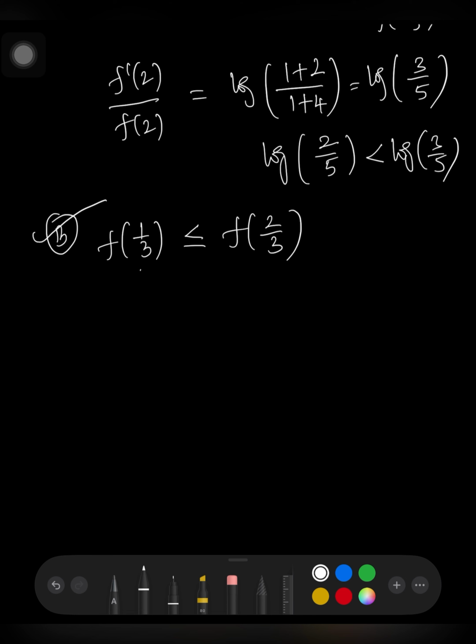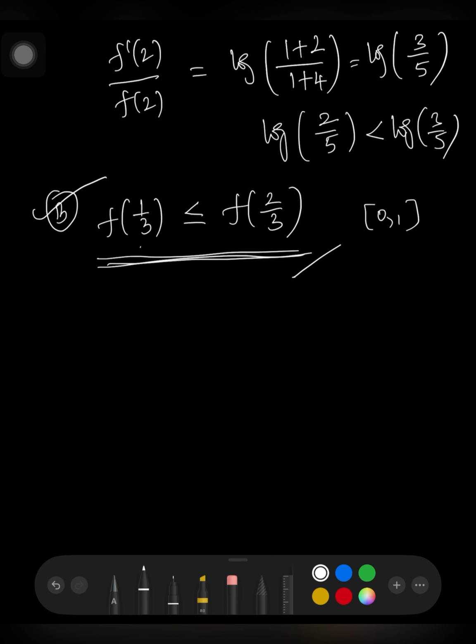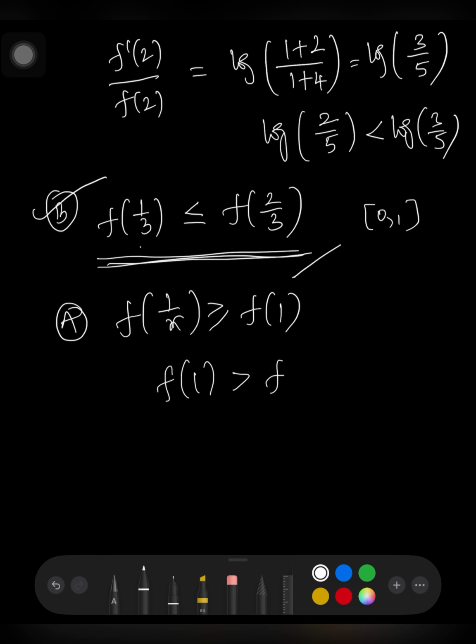So clearly, increasing from 0 to 1, f of 1 by 3 is less than or equal to f of 2 by 3. Correct. Next, coming to option A, straight away it is wrong. Because of what? Since f is increasing, f of 1 is greater than f of 1 by x, as x value is greater than 0, so option A is also wrong.